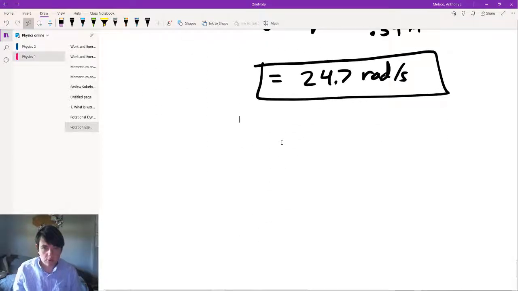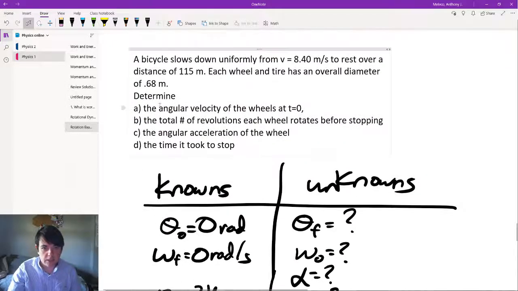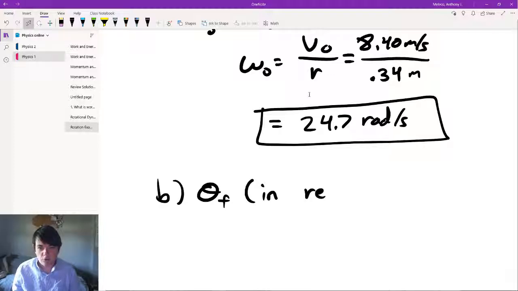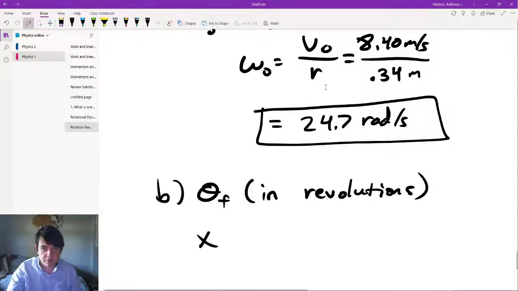Next up, part B was finding the total number of revolutions each wheel rotates before stopping. So we need theta final in revolutions, not radians. The relationship there is very similar to the relationship here.